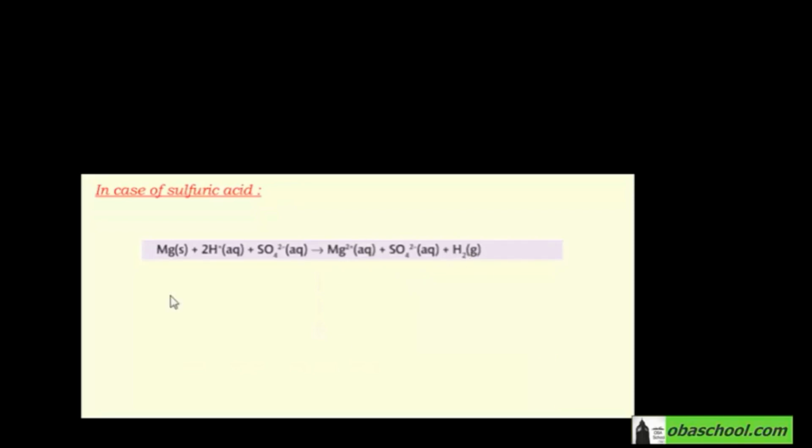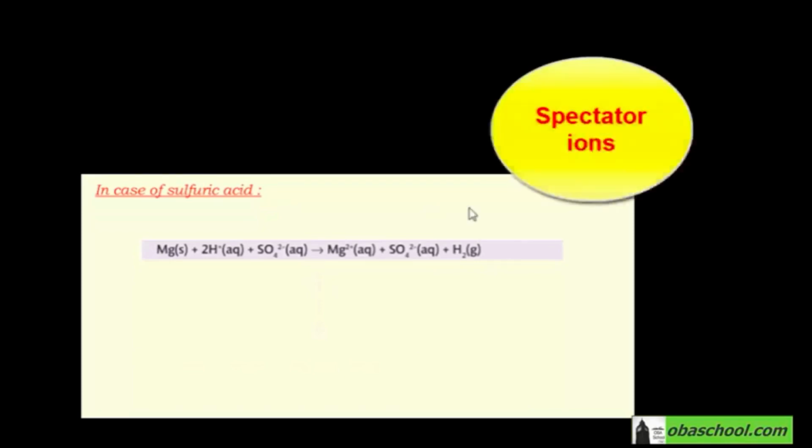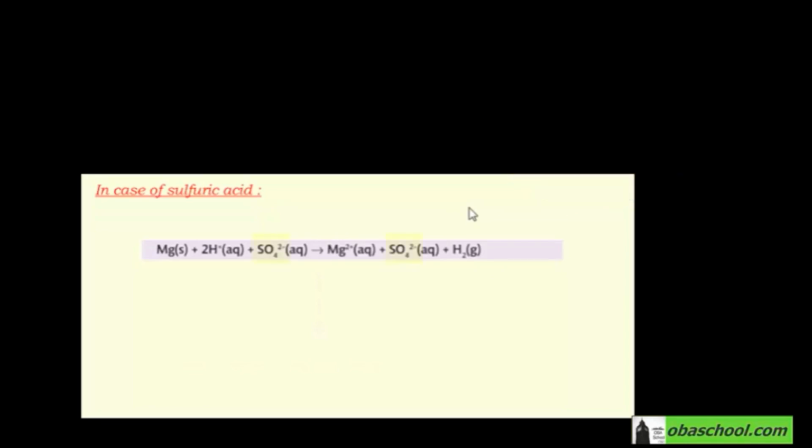If we look at the reactants and at the products, we notice that we have spectator ions, which we've already mentioned before, and these are the sulfates. So let's see the reaction without the sulfates.